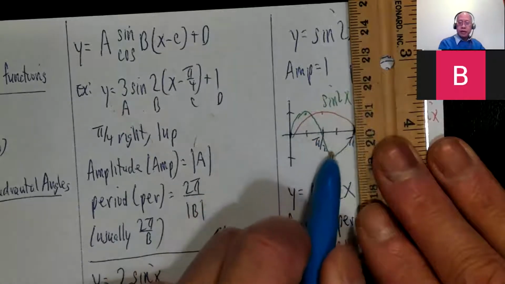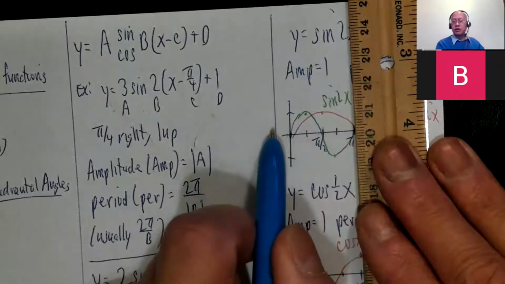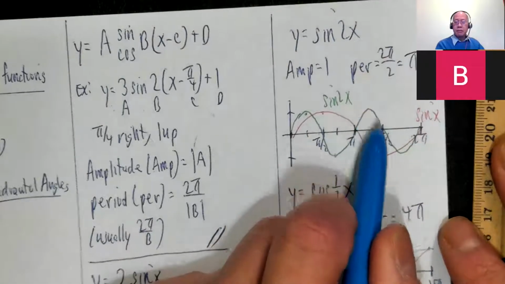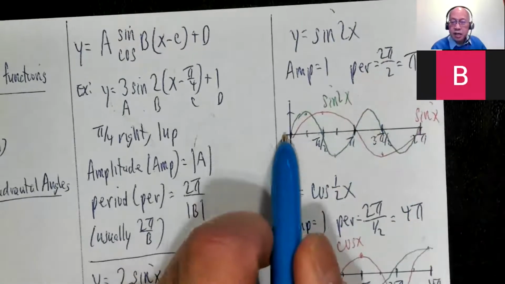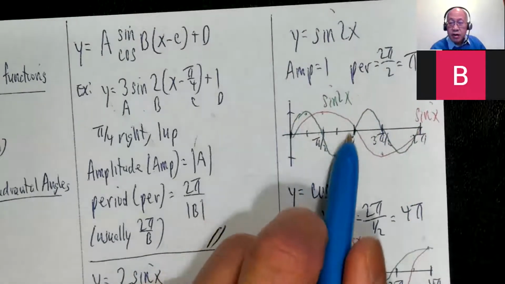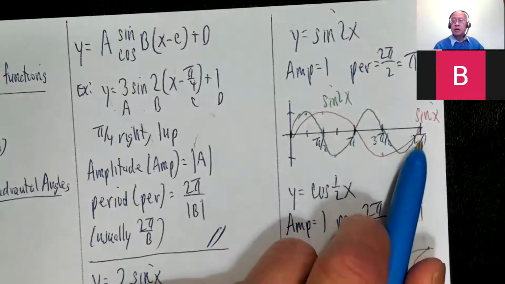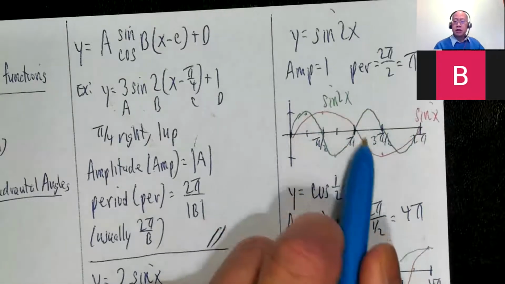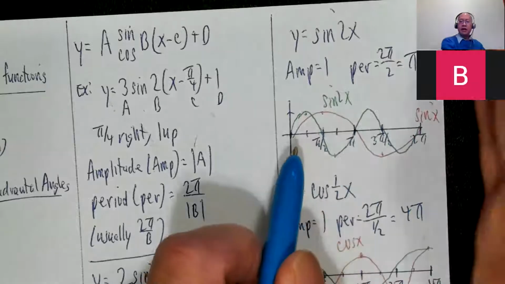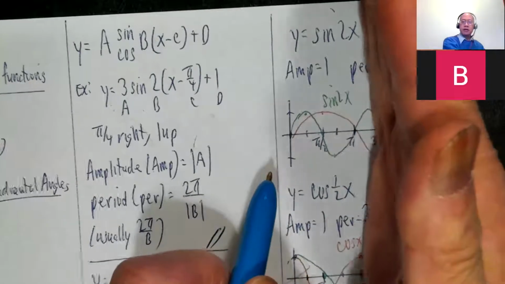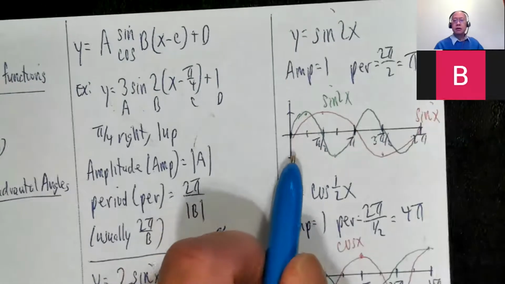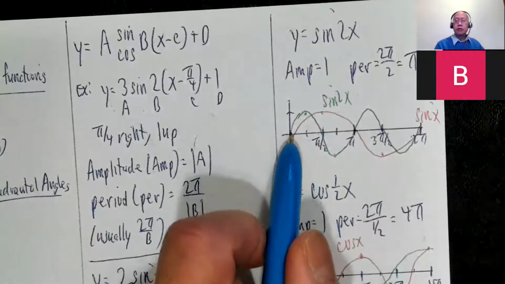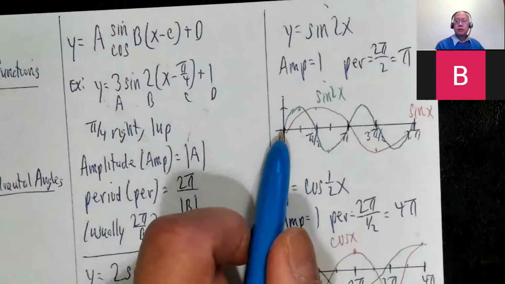So one complete period is here. You can almost think of it as it's going twice as fast. And then I just do that same thing again, maximum, 0, minimum, 0. So notice in green, I've already finished 2 periods in the same amount of time it takes the original sine function to finish 1 period. Think of a spring. I'm just compressing the spring, squinching it in like that. So it's like a horizontal compression.